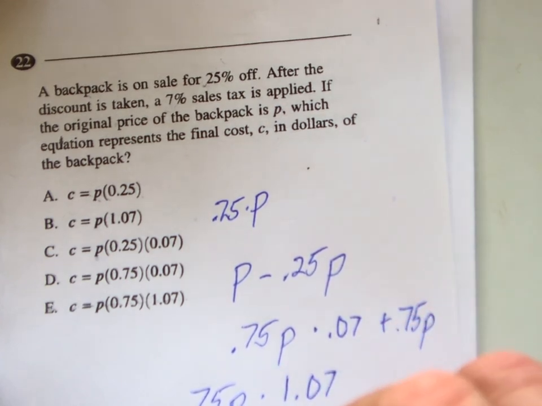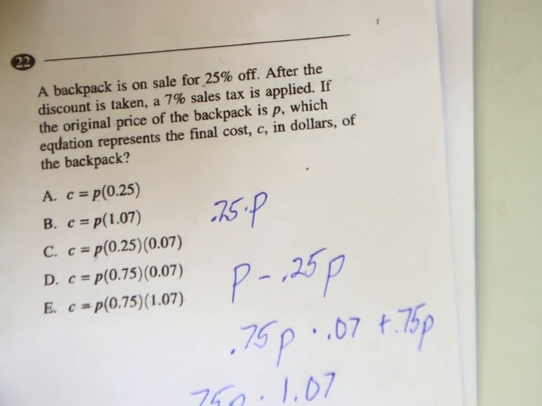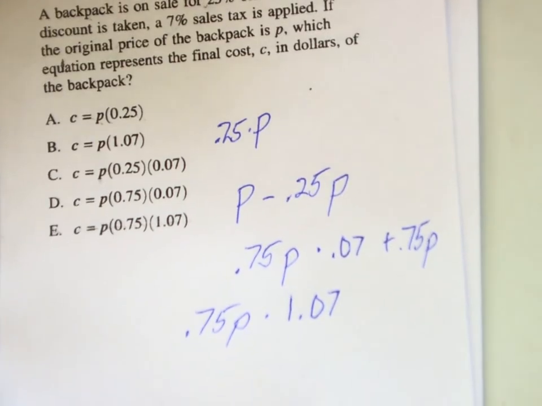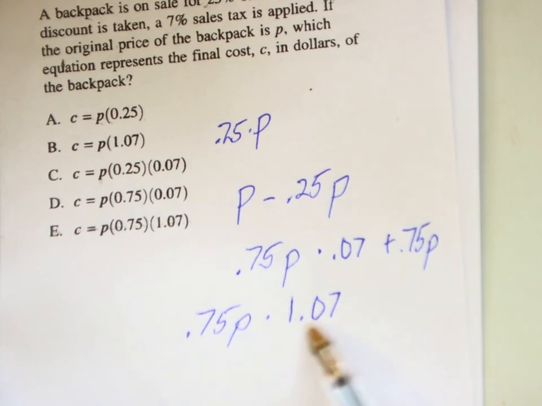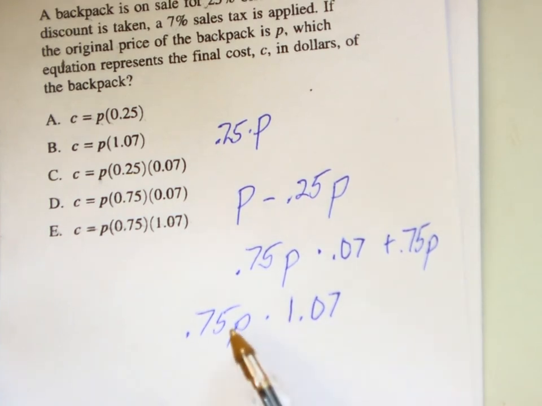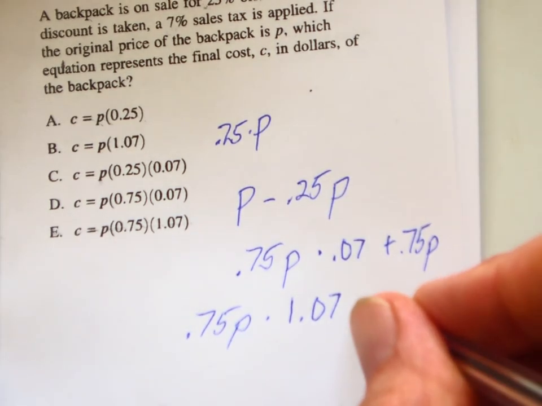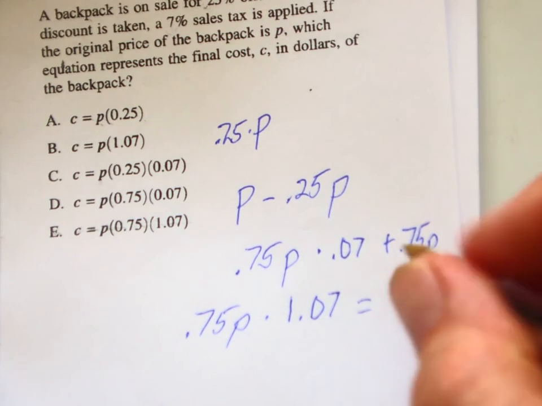So we multiply by 1.07. It's just going to increase the price 7% for the sales tax. When you multiply by 1.07, the 1 is keeping the price and the 0.07 is adding the sales tax. That should do it. That should give you your new cost.